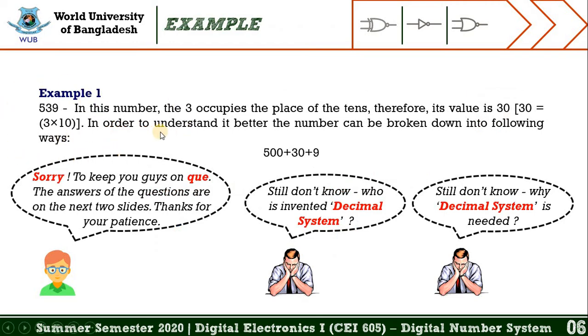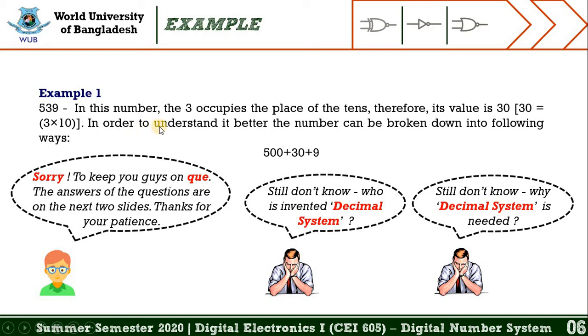This slide represents the example of decimal system. So let's begin. Here you can see a number represented, 539. In this number the 3 occupies the place of the tens, therefore its value is 30. 30 comes from 3 times 10.